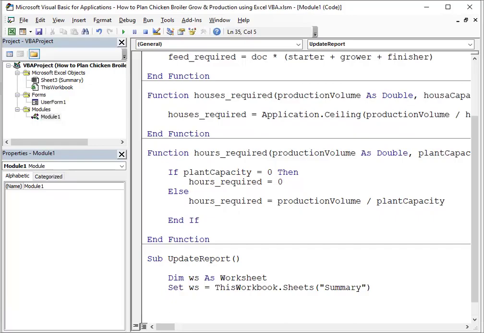Now I'm going to declare all other variables, retrieve values from user form if active. So this would be Dim production volume As Double.